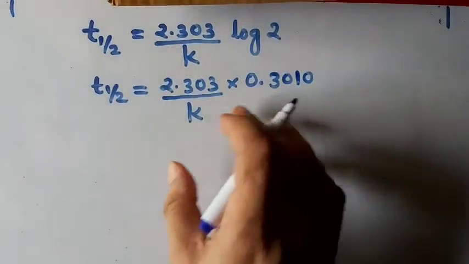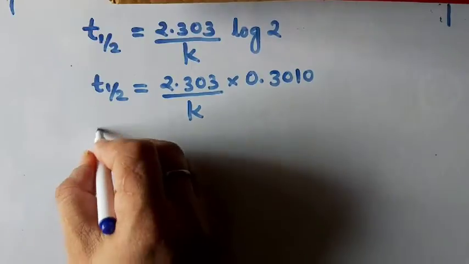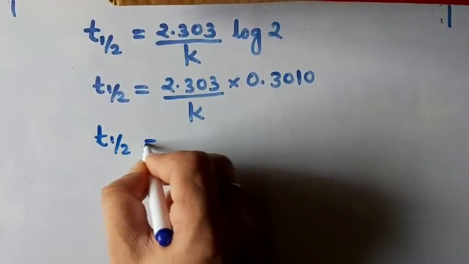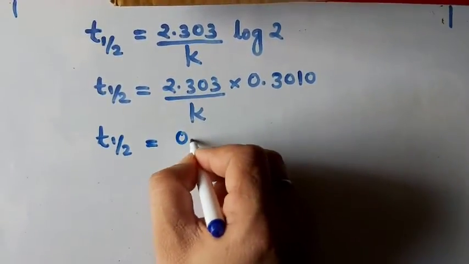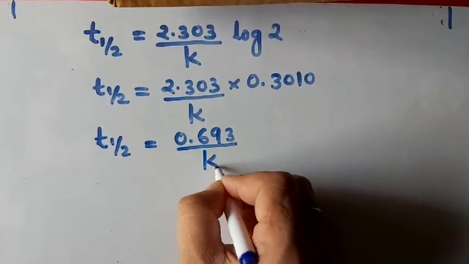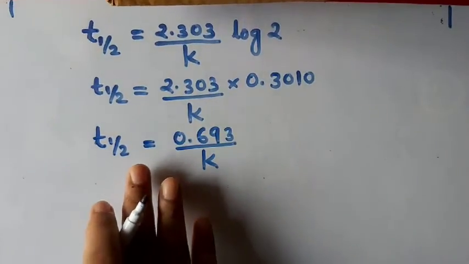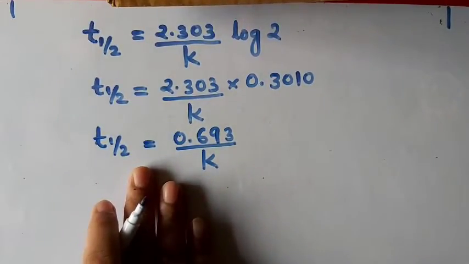Now if it is multiplied by this value, the T half equation would become 0.693 by K. This is the T half equation for first order reaction.